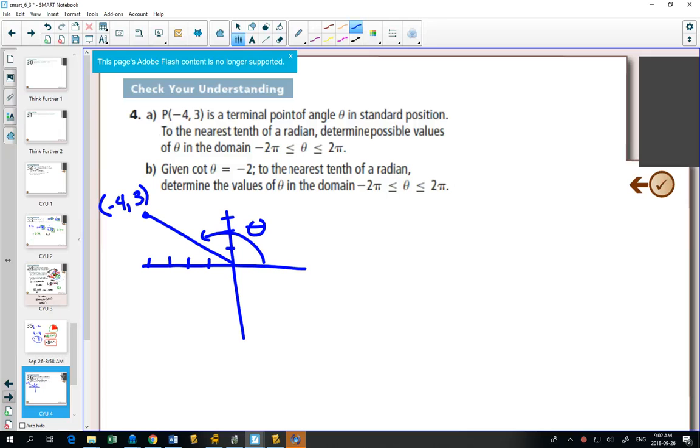So when solving for an angle, we're always going to have our reference angle. If I draw it back to the nearest x-axis, this is my reference angle. And if I have that reference angle drawn, what do I know? I know this length is 4, this length is 3.